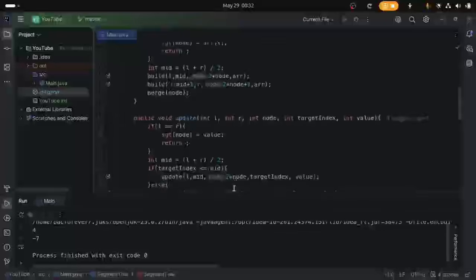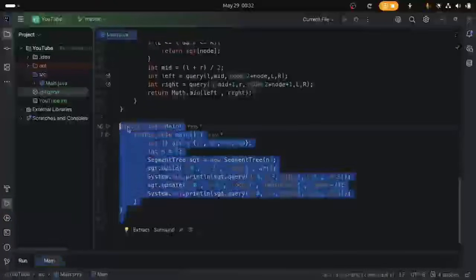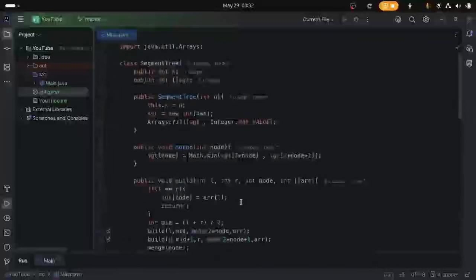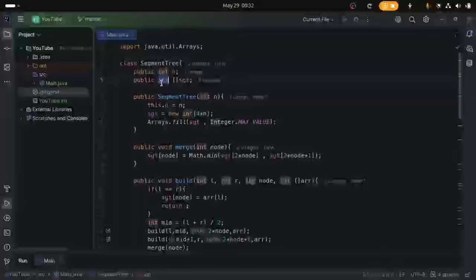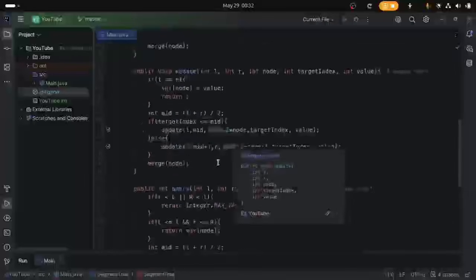These are the changes you have to make according to the function which you will implement inside a segment tree. In case of an object segment tree, let's say you have to store 3-4 parameters, just create a class, and instead of int create that class's object array over here and write your merge function according to that, and you are done with the segment tree.